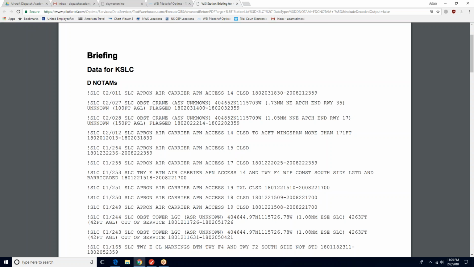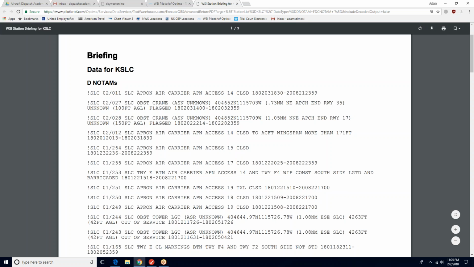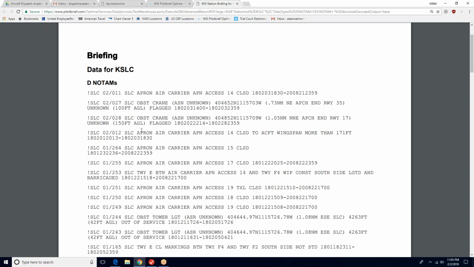But just so you guys know, as far as a dispatcher is concerned, dispatchers don't care about any NOTAM that has anything to do with the aprons, taxiways, anything like that. You're going to find out that the majority of the NOTAMs that you will see aren't dispatcher pertinent. The ones that you care about as a dispatcher, you'll want to write these down, are these specific acronyms that you're looking for.